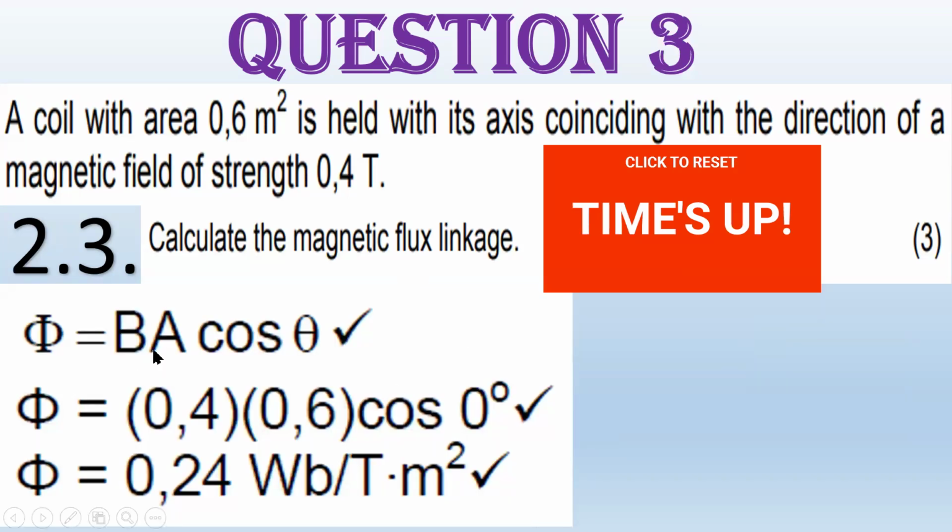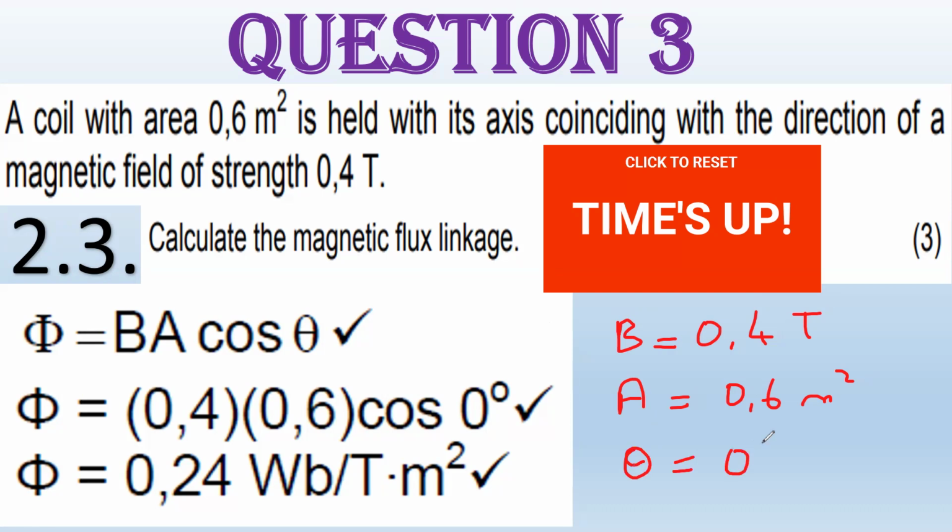Flux equals B times A times cos of the angle. All right, so what is B? B is the magnetic field. Before answering the question, maybe you can write all the givens like this with symbols. We have B equals 0.4 Tesla, and then area equals 0.6 meter squared, and then the angle equals 0 degrees.